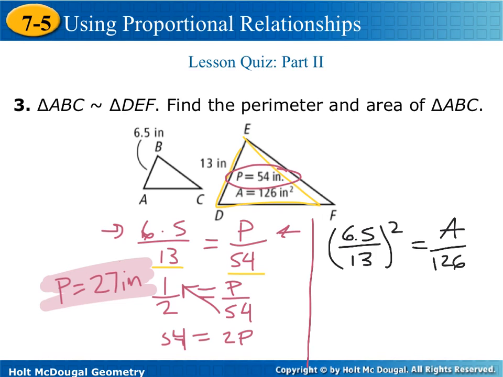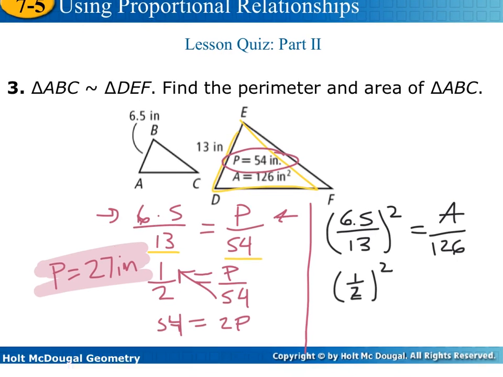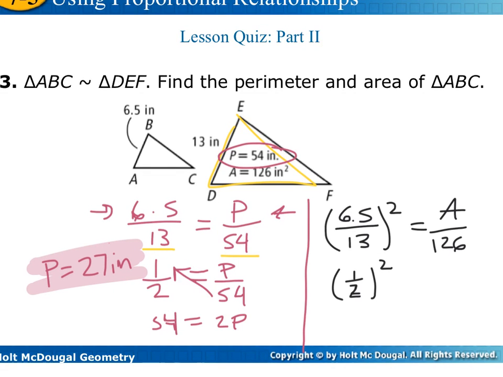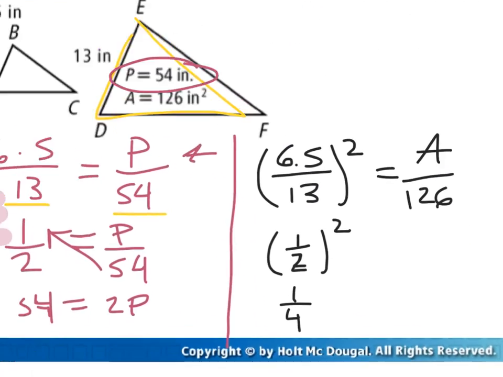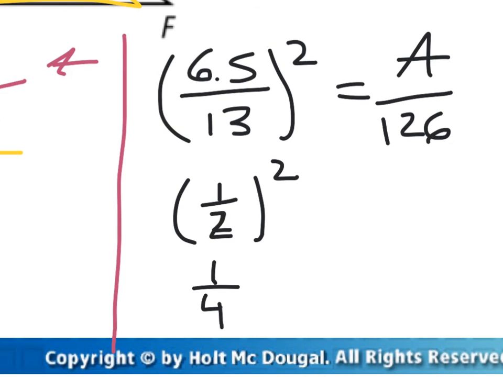Now we could do 6.5 squared and 13 squared, or what could we do before that? Simplify. We simplify the inside, and we get 1/2. And then we need to do 1/2 squared, which is 1 over 4.